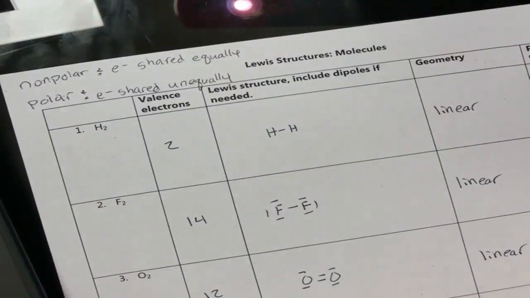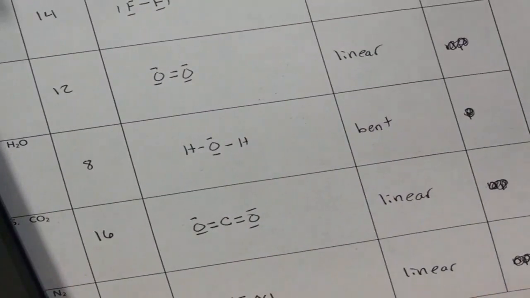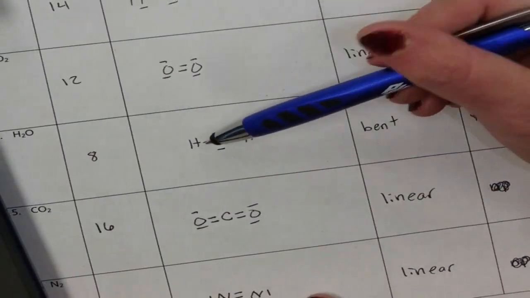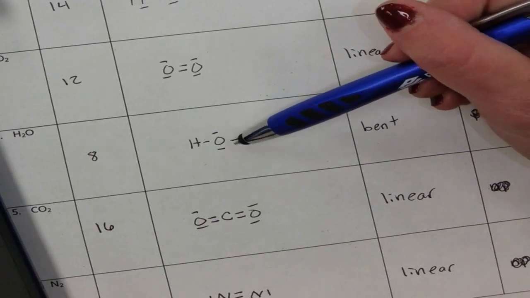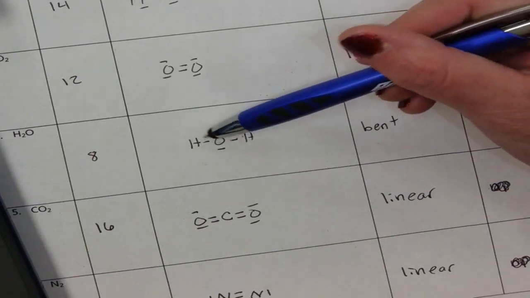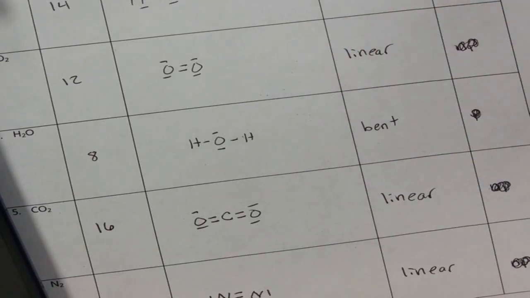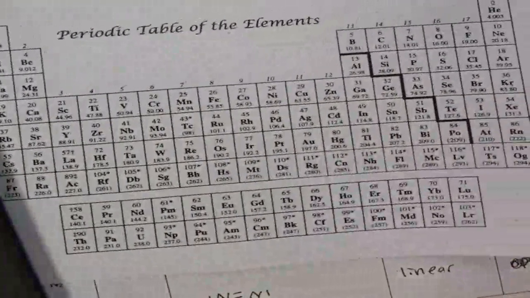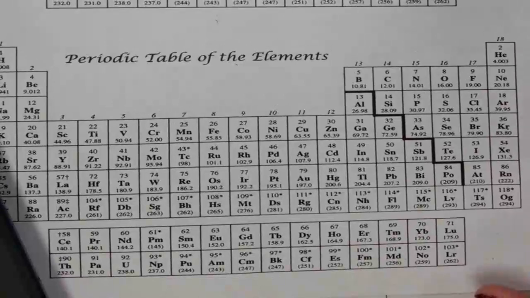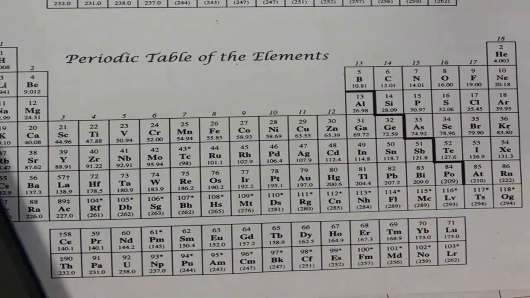All right, and we're going to start with looking at number 4, water, from our homework sheet. What we notice here, water has the oxygen and 2 hydrogens. Now, this is based on electronegativity. If you'll remember, electronegativity is how likely an element is to share.